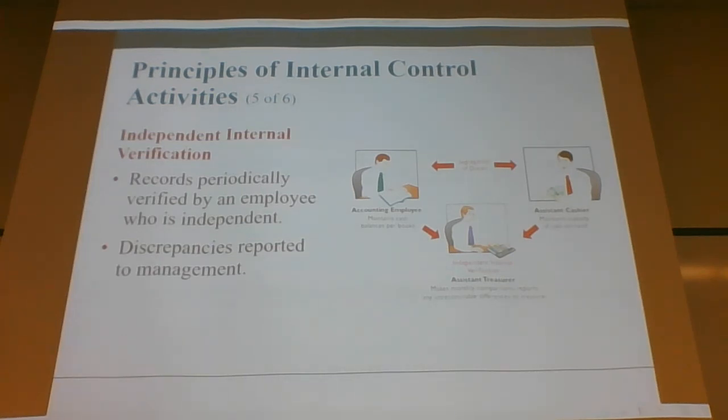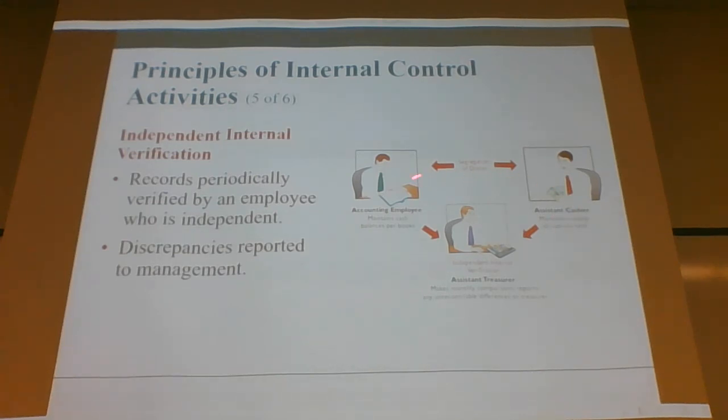We may have somebody, in fact, we've got an example here. We've got an example of segregation of duties. We have an accounting employee who's maintaining cash balances per books. And then we've got an assistant cashier who actually has custody of the cash.